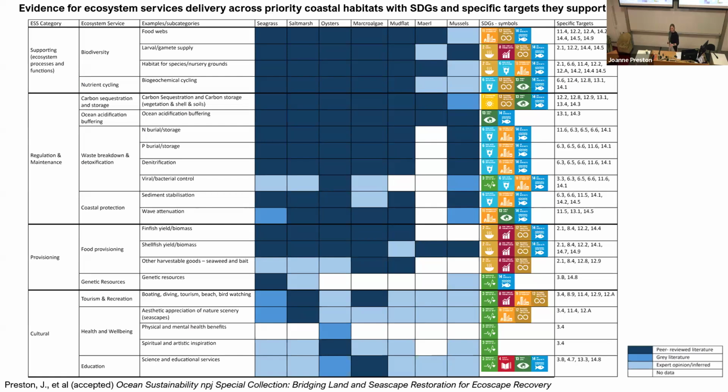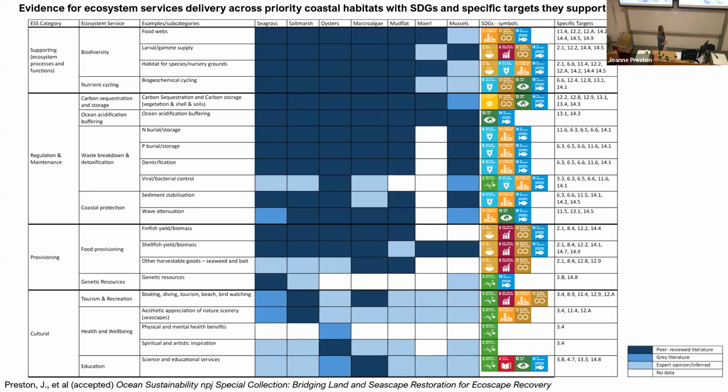And one of the first things we did was let's just have a look about how these ecosystem services are delivered across the different habitats. And this is quite a boring table, but it's also quite exciting. So these are all the different ecosystem services that we define as humans, from biodiversity to ocean regulation to food provisioning. And these are the different habitats across here. And you can see where there's dark blue, there's strong evidence that these ecosystems provide those services.